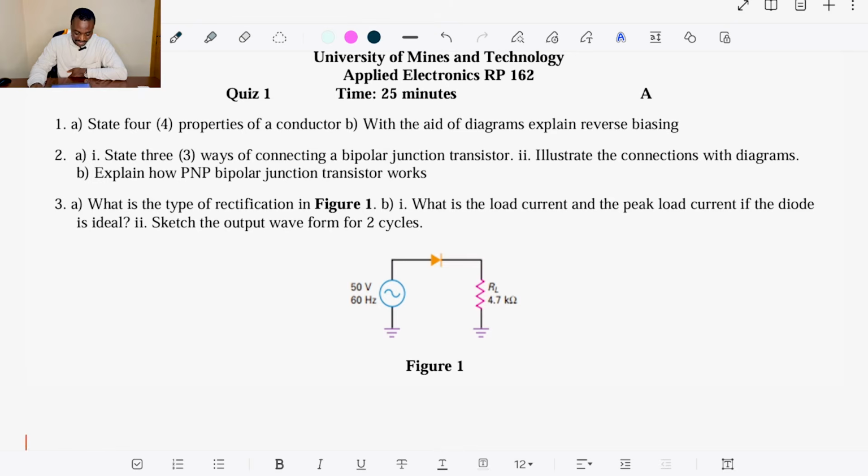So when you talk about the properties of a conductor, you can think of a conductor, for example, being copper. We know that copper can conduct electricity easily. So one of the first properties, we can say that a conductor is a good conductor of electricity, right?